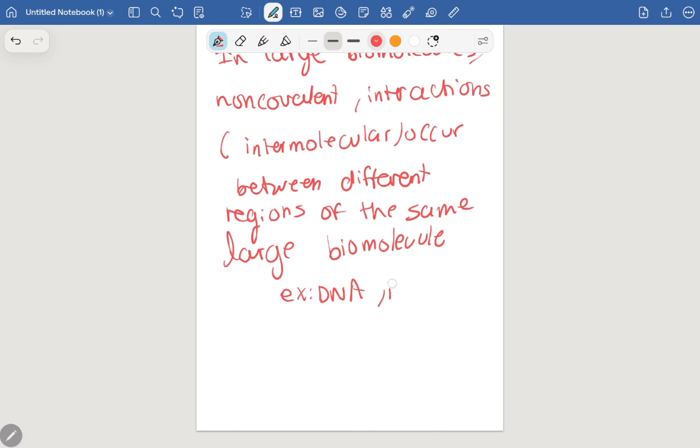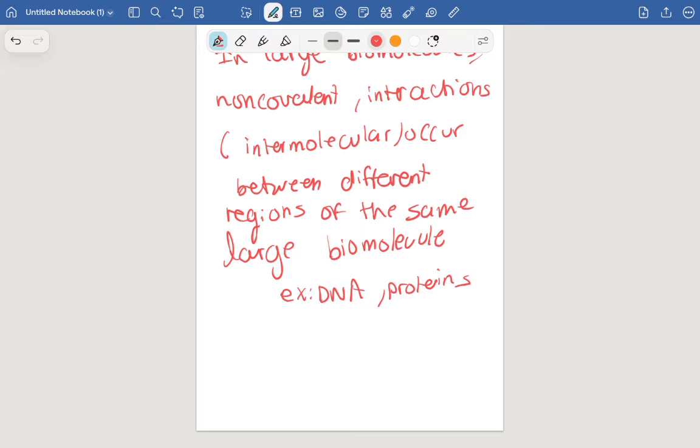Now, of course, the structure and function of many biological systems depend on the strength and nature of the various intermolecular forces. So DNA and proteins all depend on the strength and the nature of the various intermolecular forces.